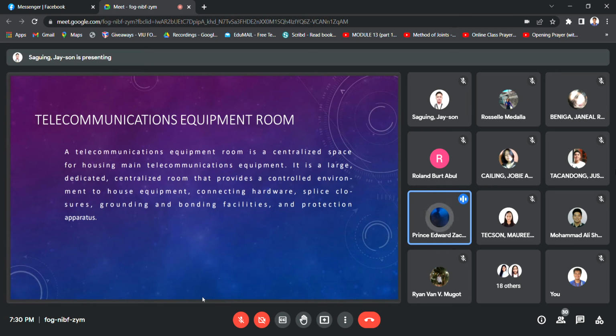The industry standard size of the telecommunications equipment room is 0.7 square meters for every 9 square meters of work area. So the bigger your work area, the bigger your telecommunications equipment room.